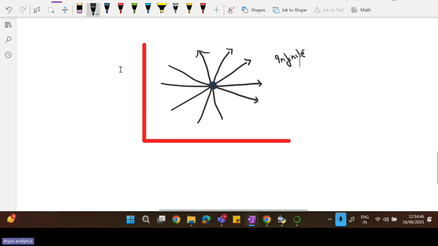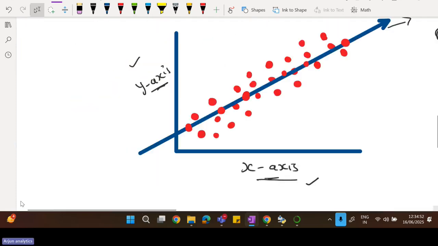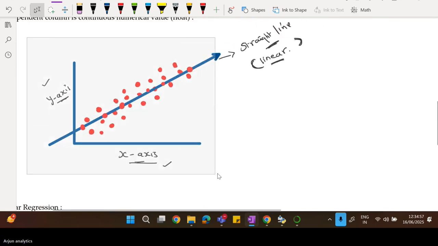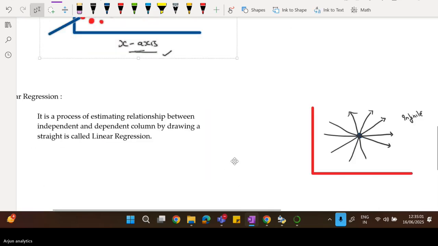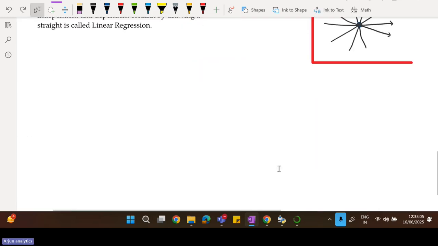In the same way, when you take two points, like this point, and I put down this one over here.